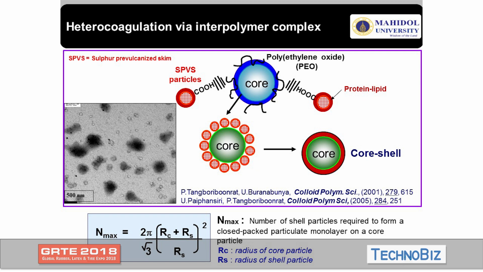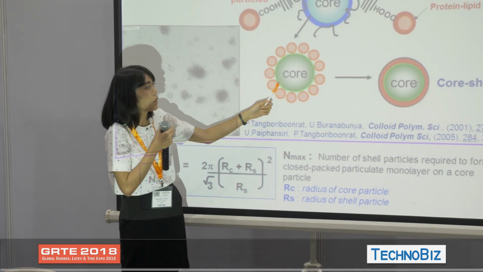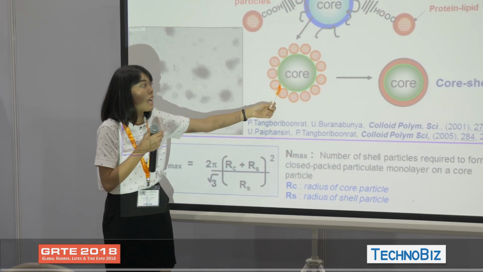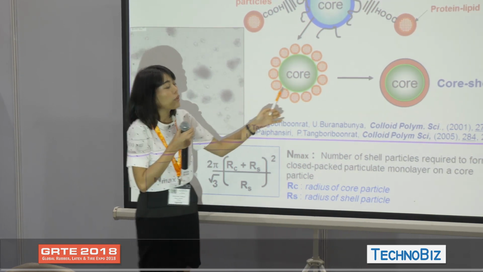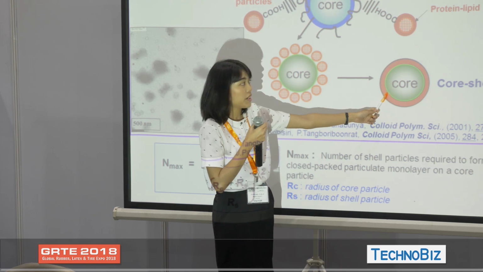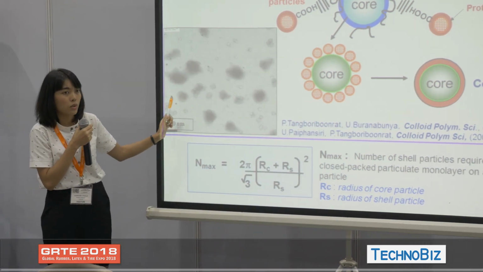And why do we use SPVS particles? Because this skim particle has a smaller size than a latex particle. When we attach this skim particle onto the PMA nanocapsule, we can obtain a particle like this figure. And then after the skim particles fuse together, we obtain a core-shell structure particle, and this is the TEM image of the core-shell structure.